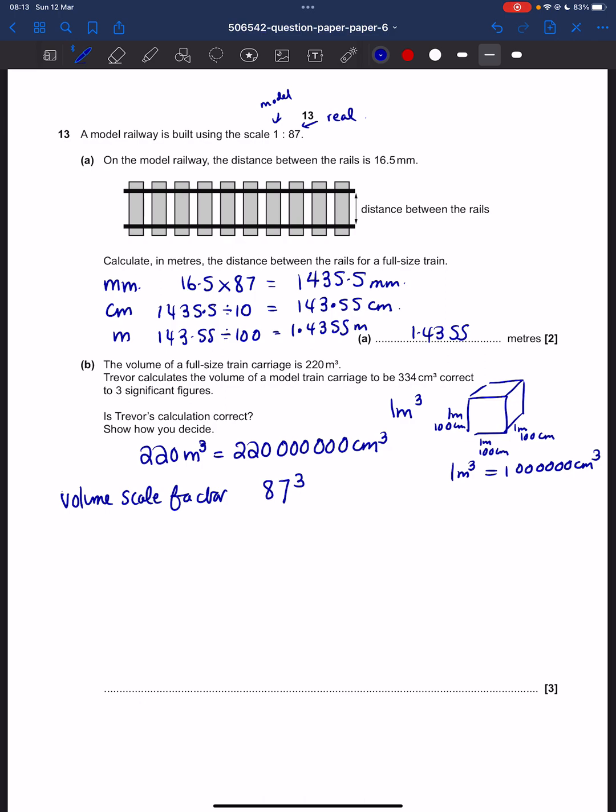So we need to divide 220 million by 87 cubed.